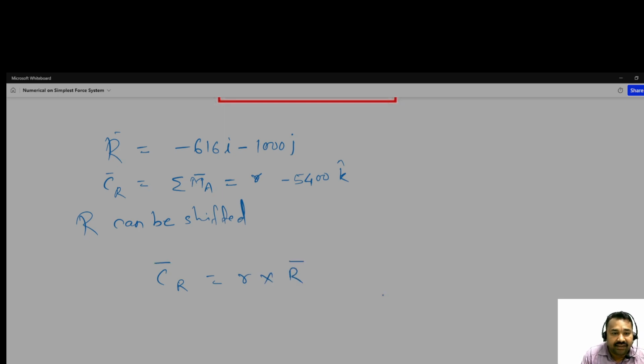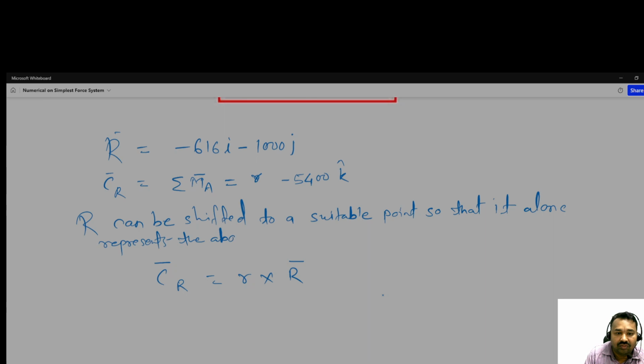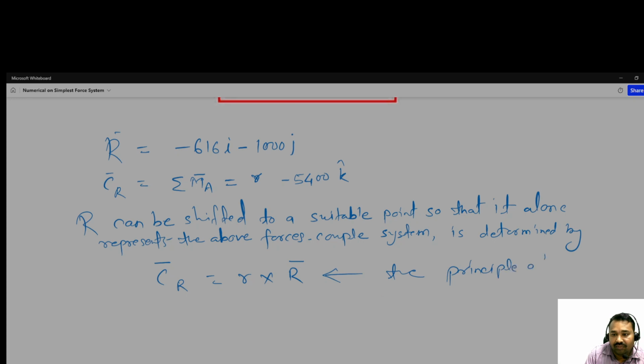So R can be shifted to a suitable point so that it alone represents the above force couple system, and it is determined by the principle of moment.